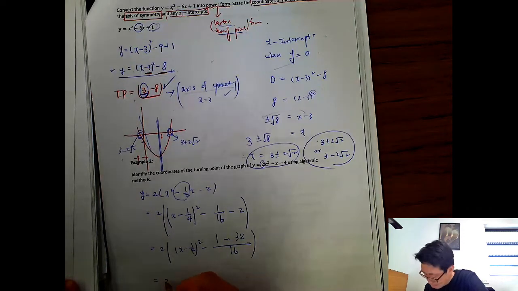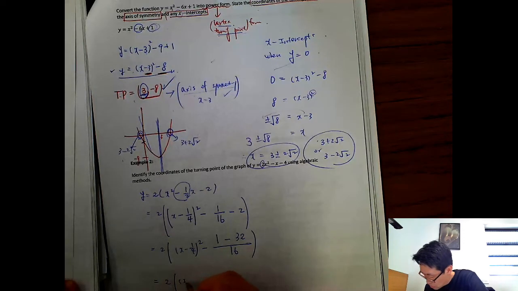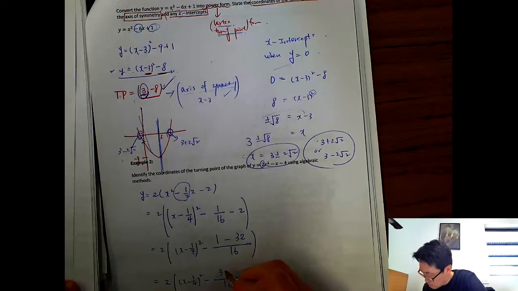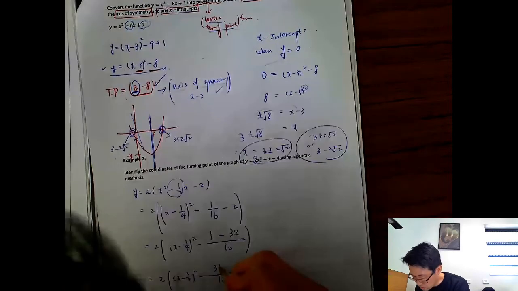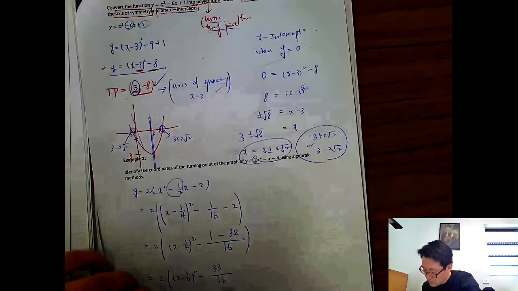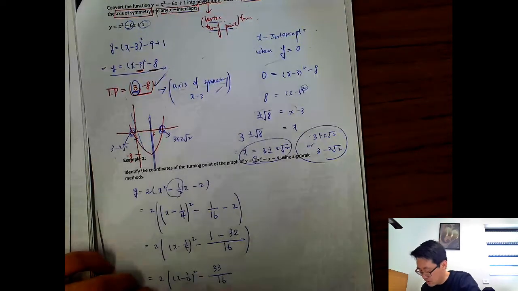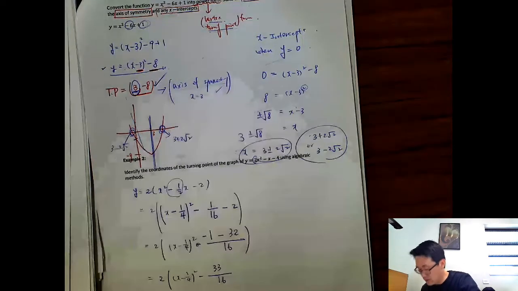2 x minus quarter square minus 16 30, hold on 3, yeah, probably not the best way to write it down that way.